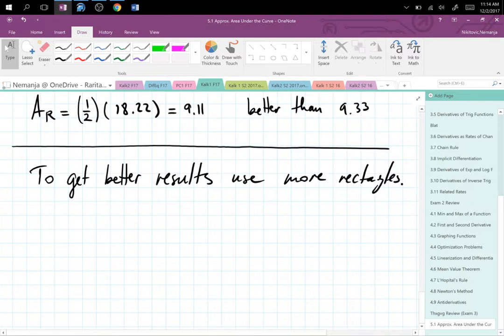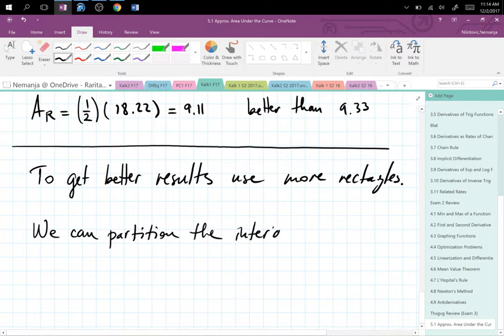Do we have to gravitate and have this around 1 unit or half a unit in terms of rectangles for delta x? The answer is no. You see, we can partition the interval with any number of rectangles.